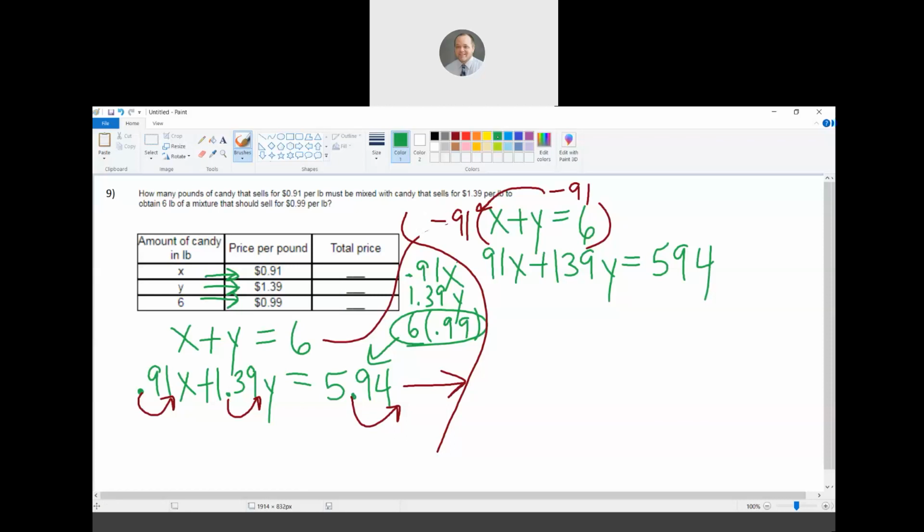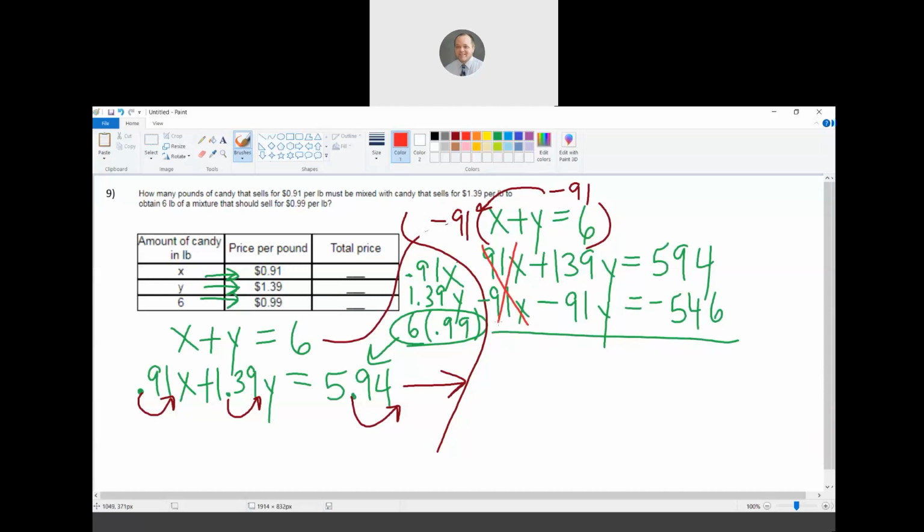So when we do that, we get negative 91x minus 91y equal to 91 times 6. That gives us negative 546. Now we can eliminate the x's.